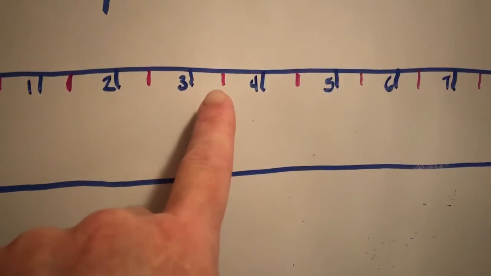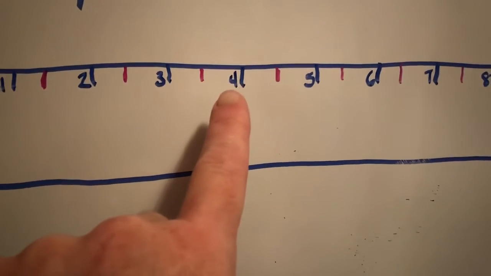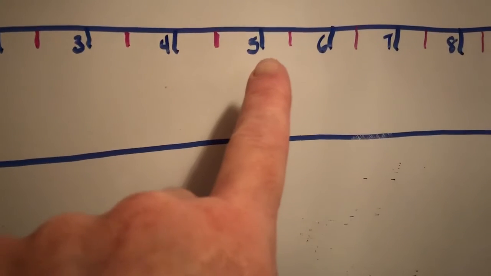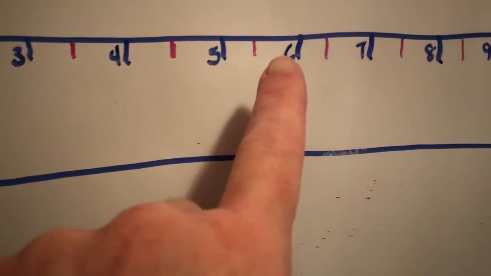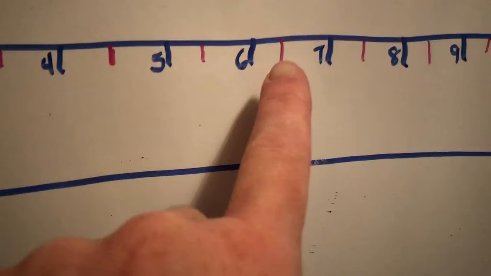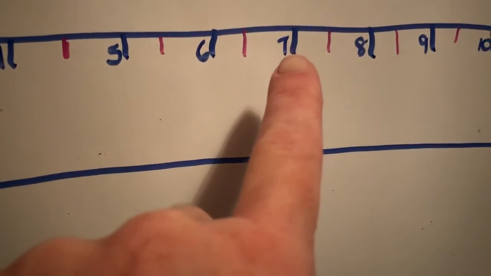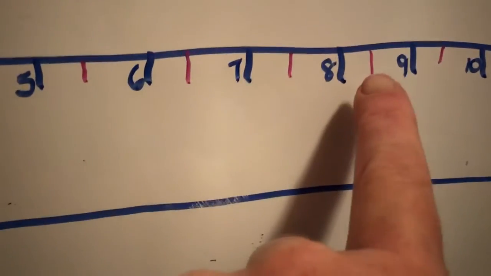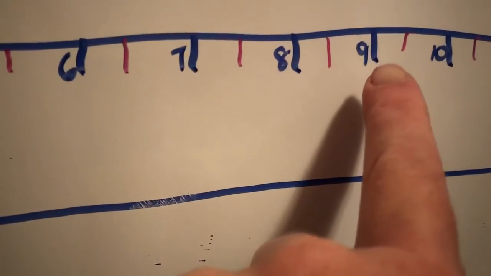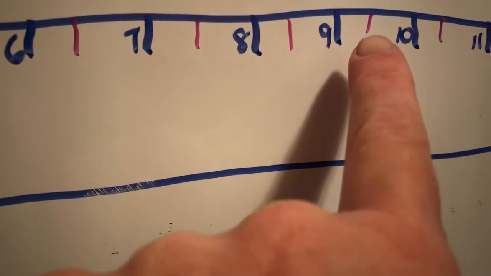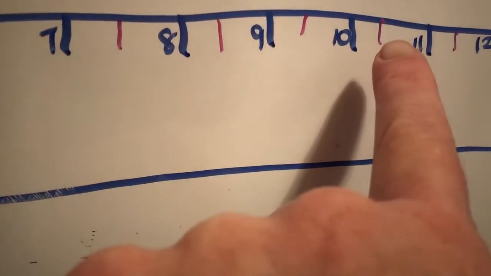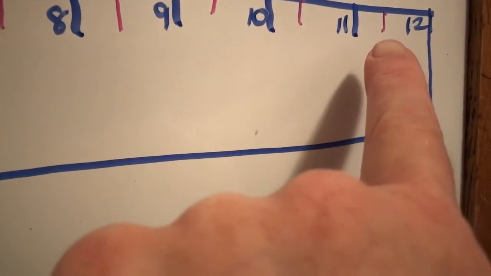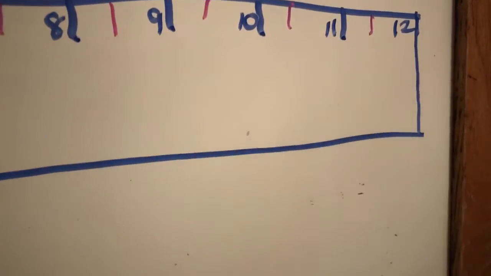3, 3 and 1/2, 4, 4 and 1/2, 5, 5 and 1/2, 6, 6 and 1/2, 7, 7 and 1/2, 8, 8 and 1/2, 9, 9 and 1/2, 10, 10 and 1/2, 11, 11 and 1/2, 12.